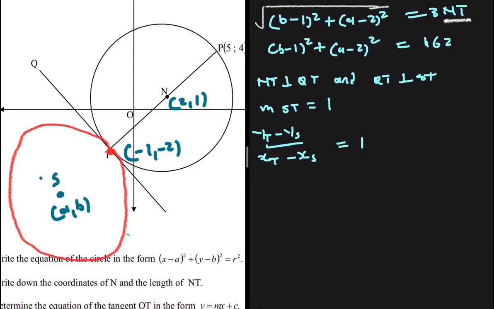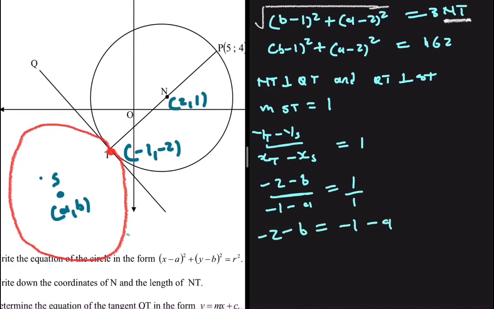So what is y of t? That is minus 2. Y of s, that is b, divided by x of t, minus 1, minus x of s, which is a, being equal to 1. If we cross multiply, we're going to get minus 2 minus b is equal to minus 1 minus a.